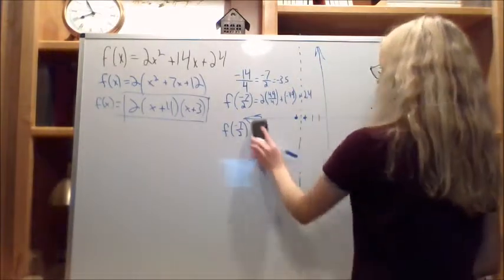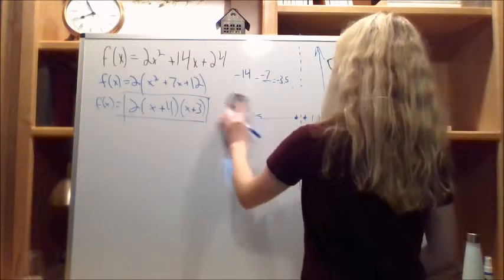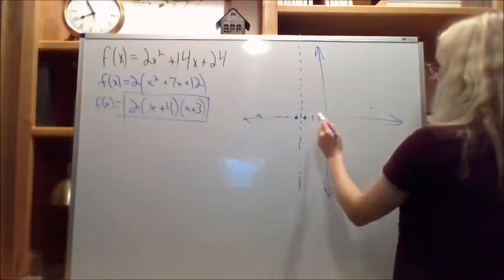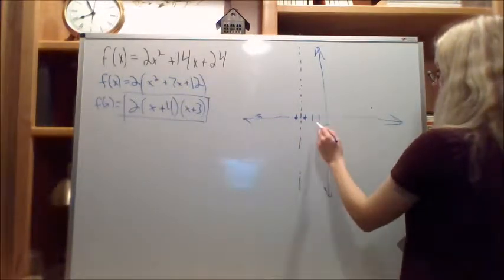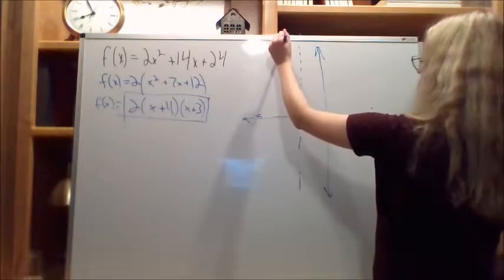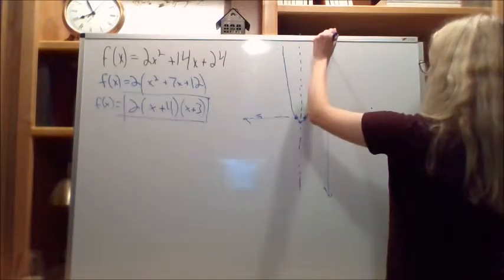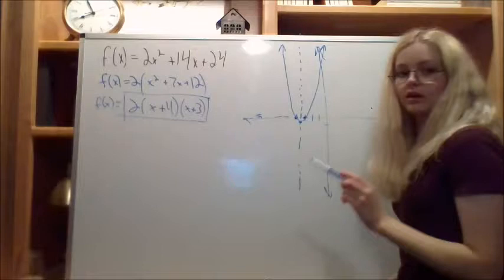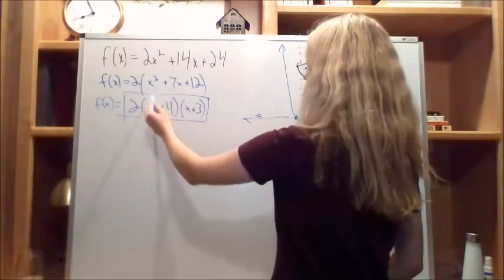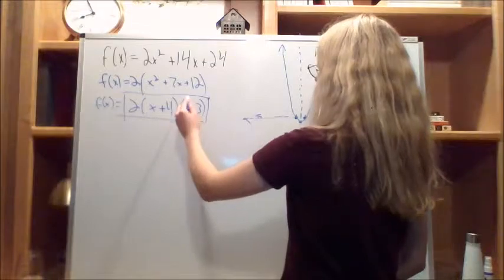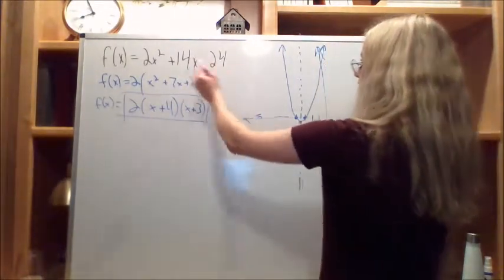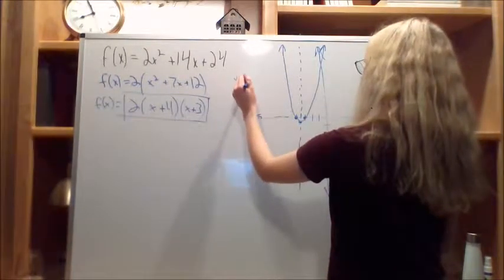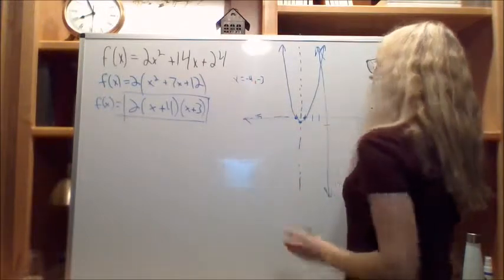So we know that negative 3.5, negative 0.5 is our vertex, so our parabola goes like that. And our solutions for 0 equals 2 times the quantity x plus 4 times the quantity x plus 3 are negative 4 and negative 3. Those are our solutions.